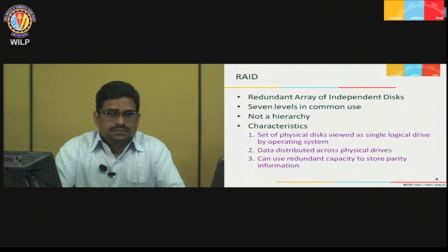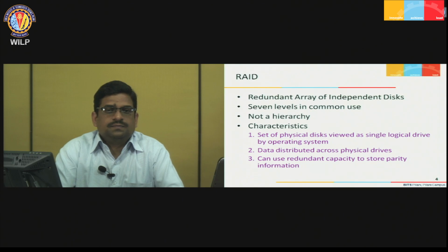they are independent. So, the characteristics of RAID are, it is a set of physical disks that is viewed as a single logical drive by the operating system. We have more than one disk physically, logically only one disk, and that logical perception is with the operating system.